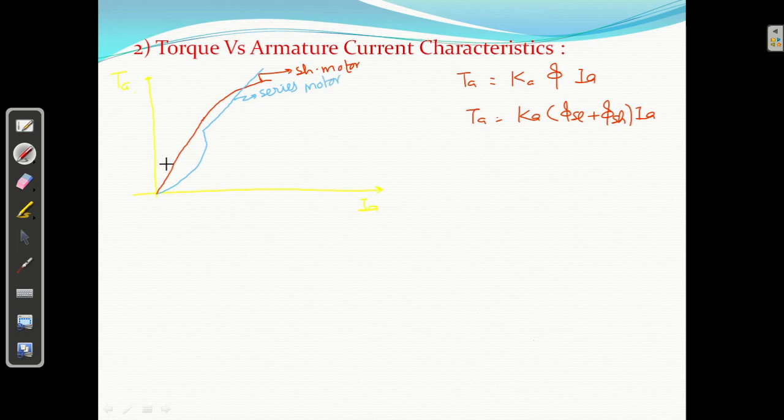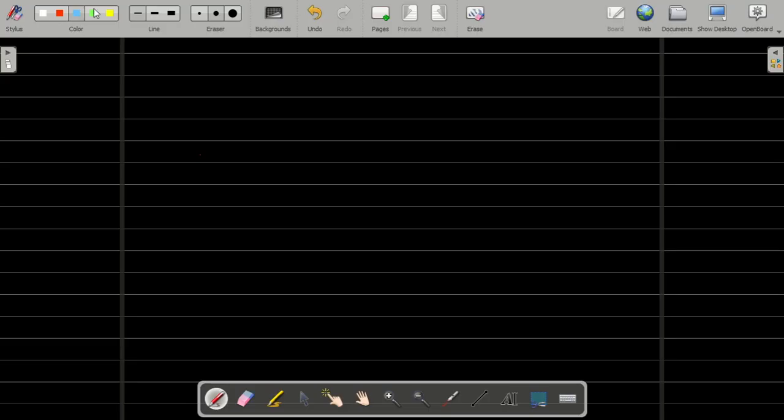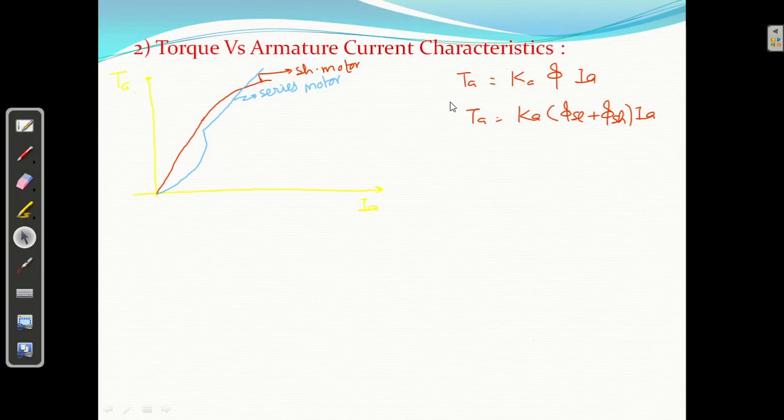Now, if you have a compound motor, then what will happen? In case of compound motor, I am going to draw just the compound motor. Shunt flux is more stronger than the series flux. Clear?